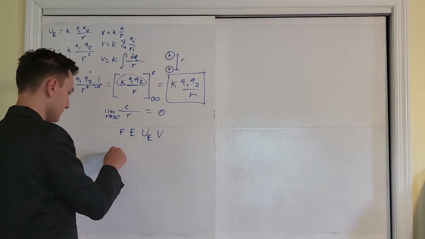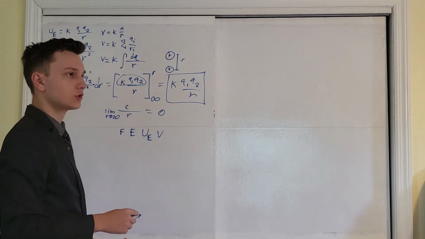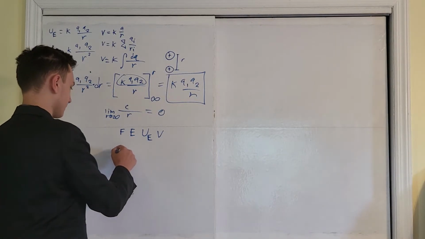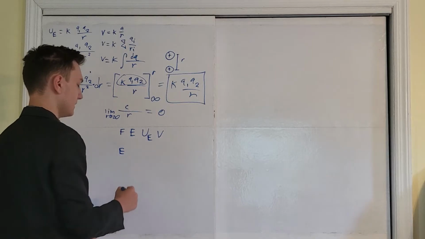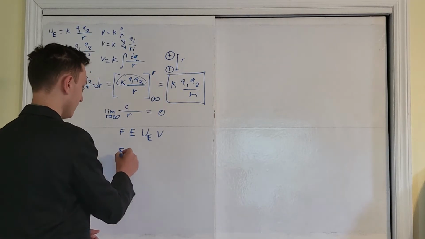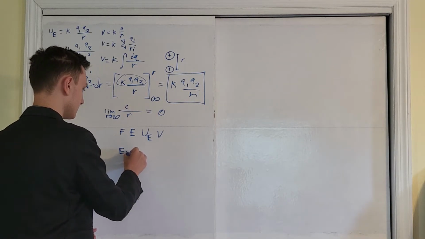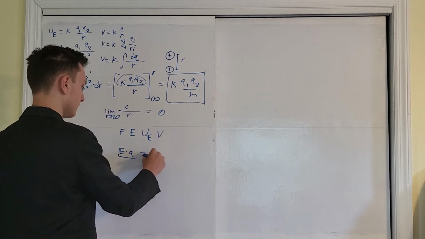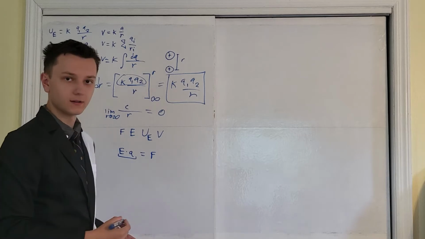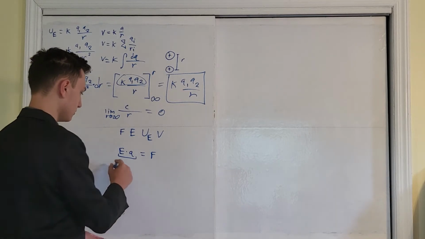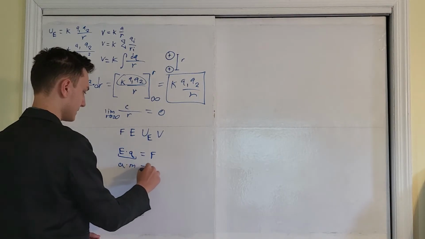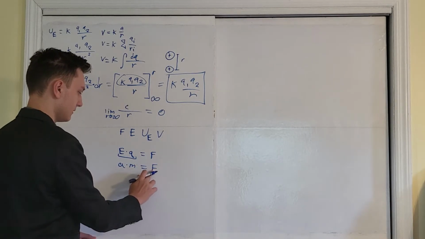The electric field is analogous to your acceleration. The electric field is basically a quantity where you would multiply the electric field times your charge, and this would therefore give you the amount of force being felt. It's analogous to you multiplying your acceleration times your mass to give you the force being felt.